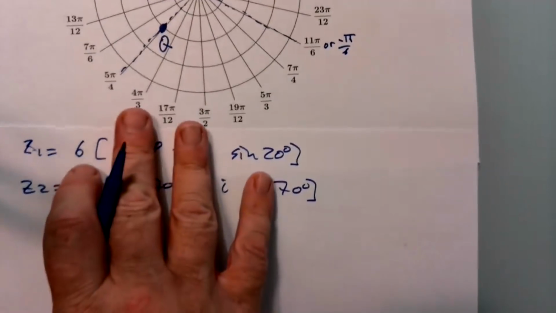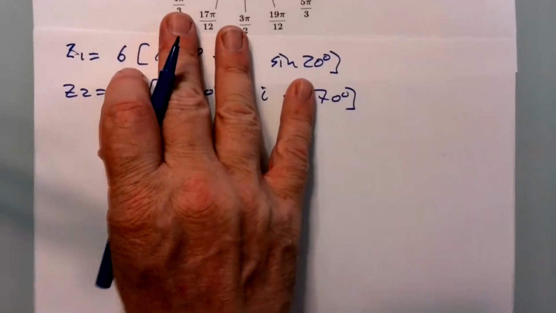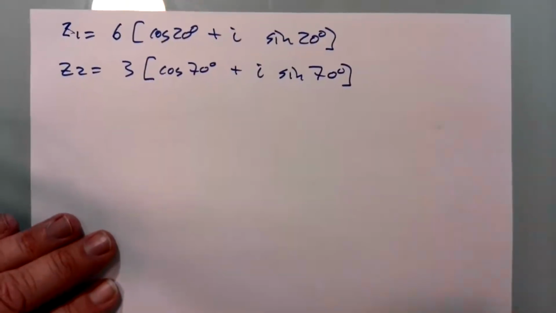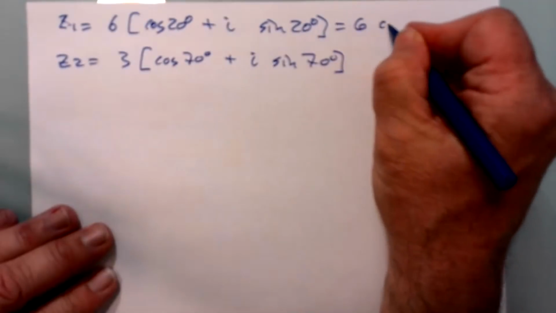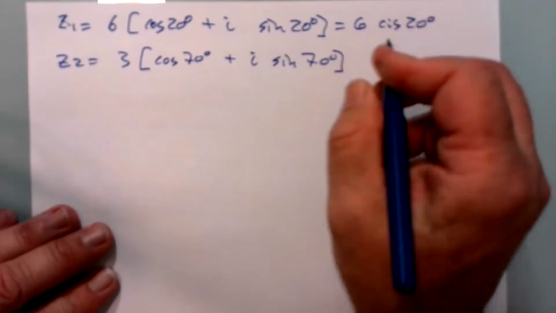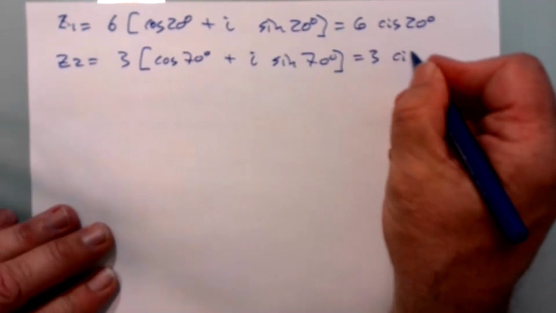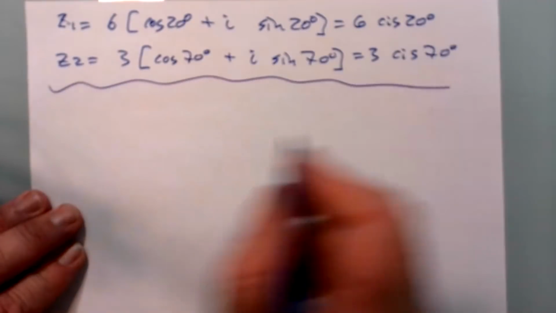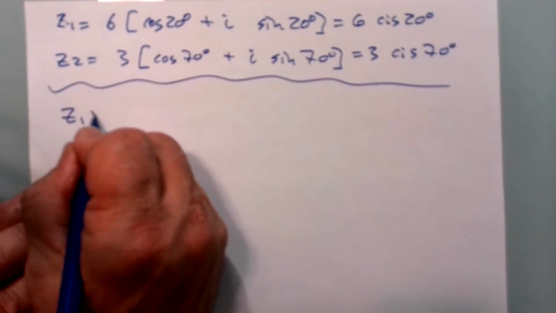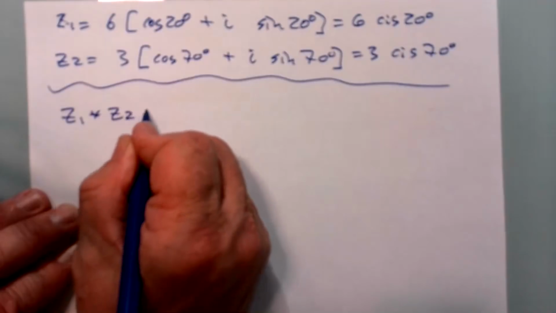You know I like that cis notation just to make it a little simpler for us to work with. So I'll say this is 6 cis 20 degrees, and this is 3 cis 70 degrees. So the first question I'll ask is, what is Z1 times Z2?